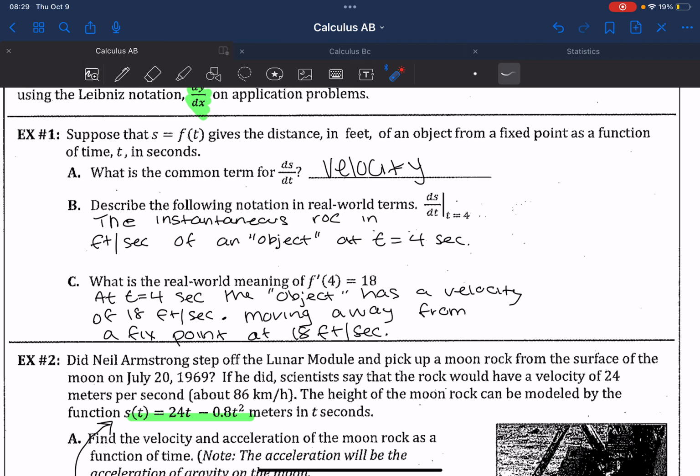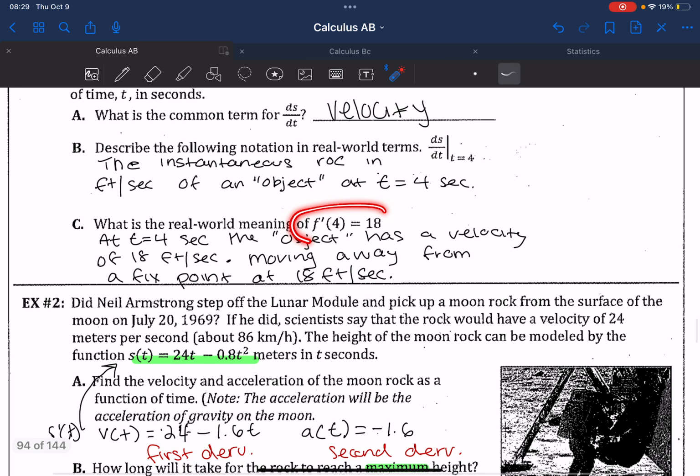So the velocity is the instantaneous rate of change in feet per second of an object at exactly t equals 4 seconds. Okay. Versus f prime of 4 equals 18 is telling us at t equals 4 seconds, the object has a velocity of 18 feet per second and that it is moving away from a fixed point at 18 feet per second.